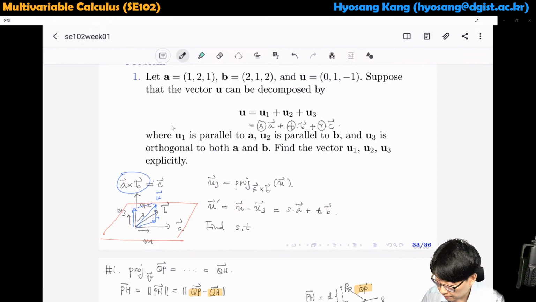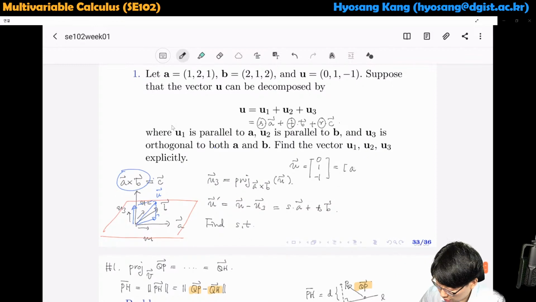In other words, I want my u vector 0, 1, minus 1, this is u as a column vector, to be equal to this matrix multiplication with s, t, r.